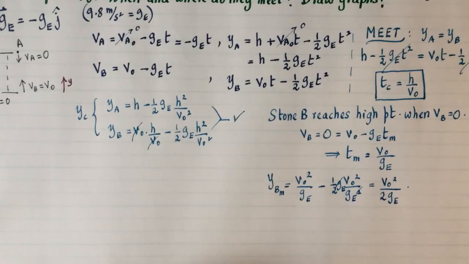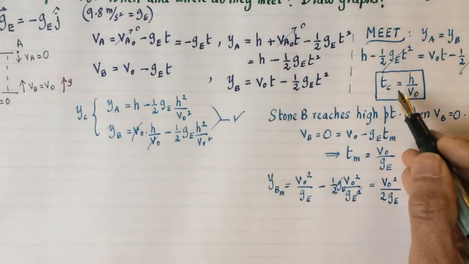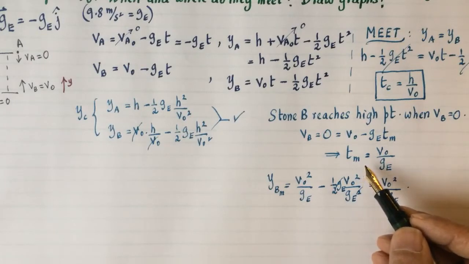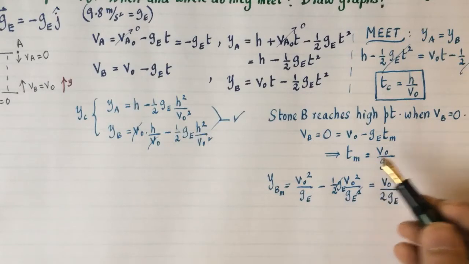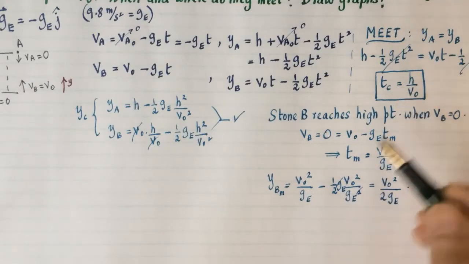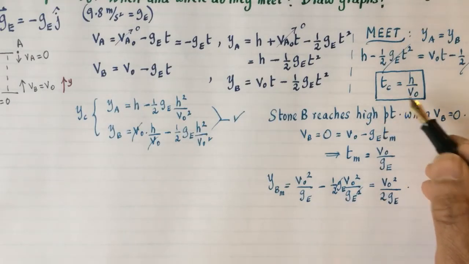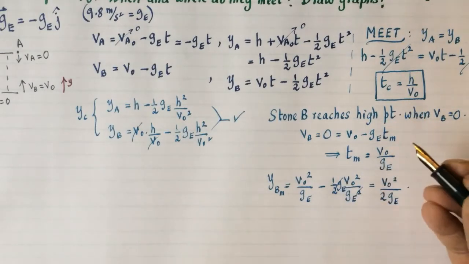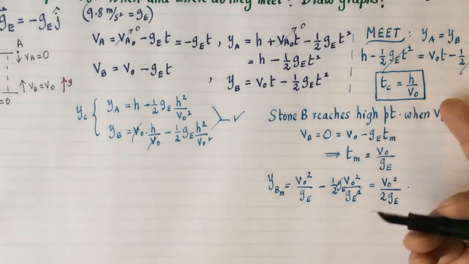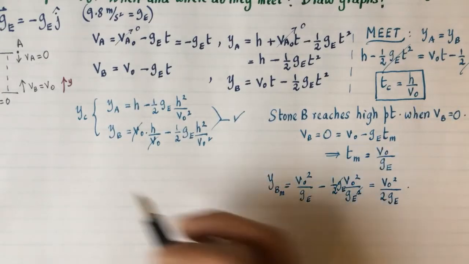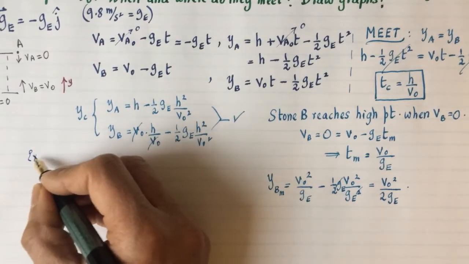If the time t sub c is less than t sub m, it means the collision occurs on the way up. If T sub c is bigger than T sub m, it means the collision occurs on the way down. So that's another way of looking at it. Both ways can be done. I invite you to explore. So this is an exercise for you.